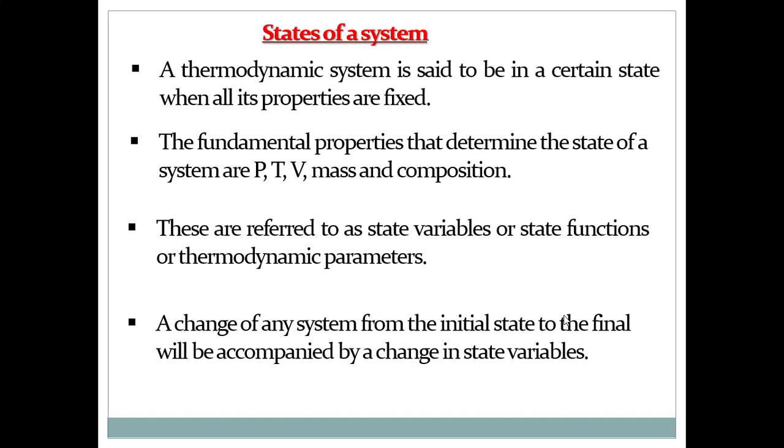The fundamental properties that determine the state of a system are pressure, temperature, volume, mass, and composition. These are referred to as state variables or state functions or thermodynamic parameters. So in case you're given any, it means the same. State variables, state functions, or thermodynamic parameters all refer to the same thing.